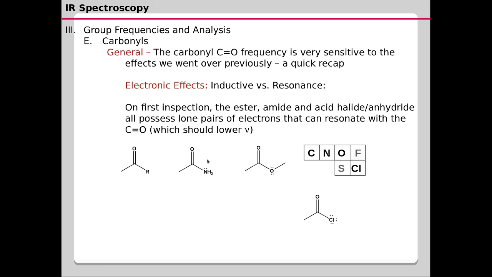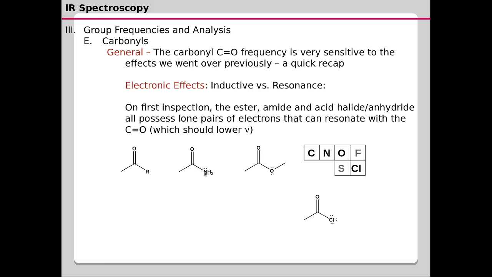Whereas in the case of nitrogen, the nitrogen is able to donate its electron density towards the carbonyl carbon, which makes the bond order of the carbon oxygen bond stronger, whereas the nitrogen is also an inductive electron withdrawer that can pull the electron density away from the carbonyl carbon.